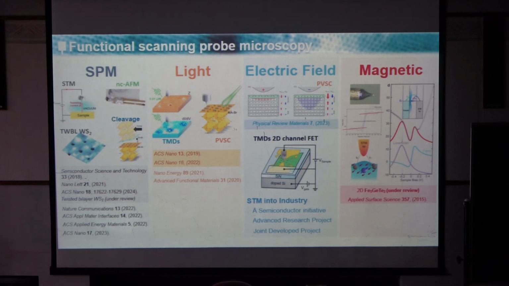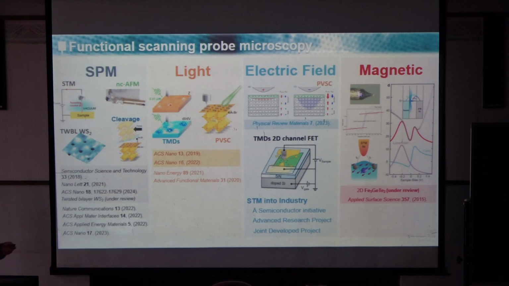Recent work utilizes functional scanning probe microscopy. For example, we can combine two different SPM techniques, such as STM and NCAFM measurement, to reveal the material property from different perspectives. We can also shine light on the sample surface during STM measurements. Sometimes we can use the tip's electric field to change the surface electronic properties.